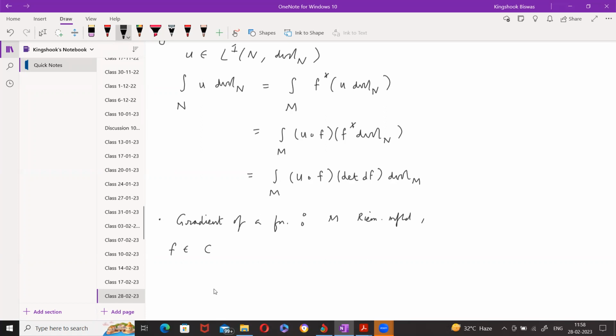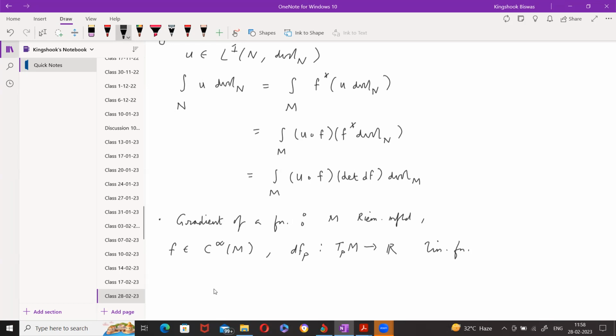If F is a smooth function, then at any point, its derivative dF at p is a linear functional from T_pM to R. But now T_pM is an inner product space, and on an inner product space, you know that any linear functional is given by inner product with some vector.